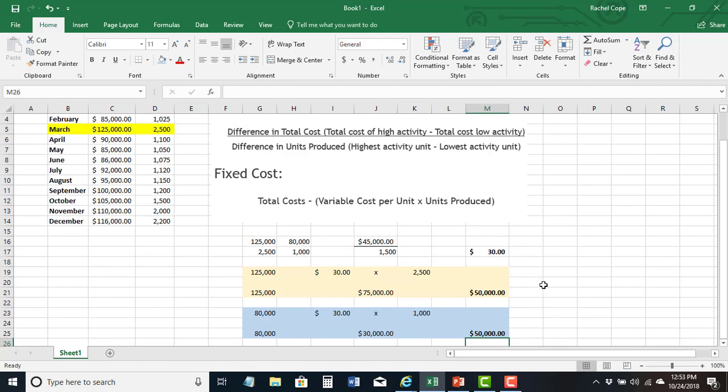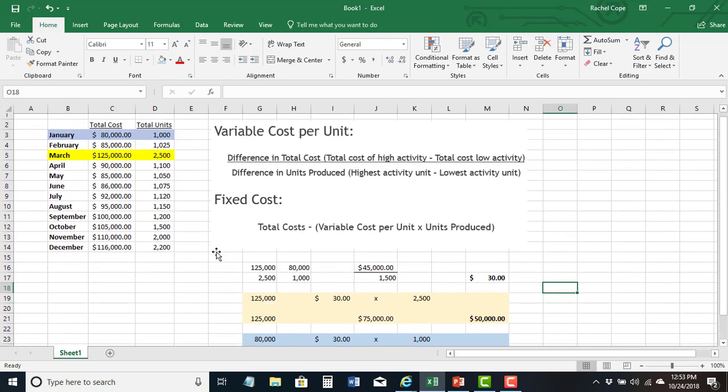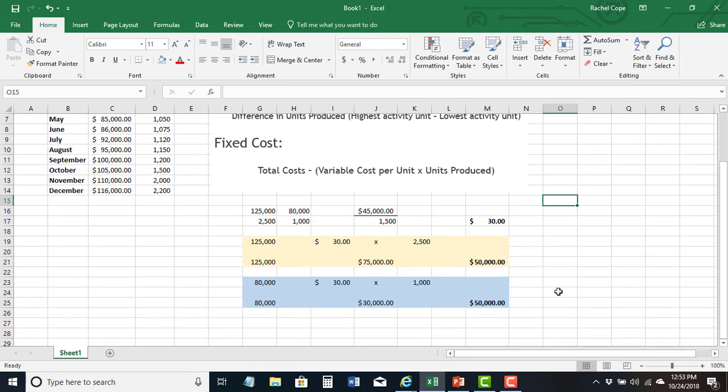Now, just one thing that drives me nuts about this method is you can't plug it into any month. It only works on the highest and lowest because we're looking at kind of the extremes. It does not give us the same amount for each month, which theoretically fixed costs should be fixed month to month.